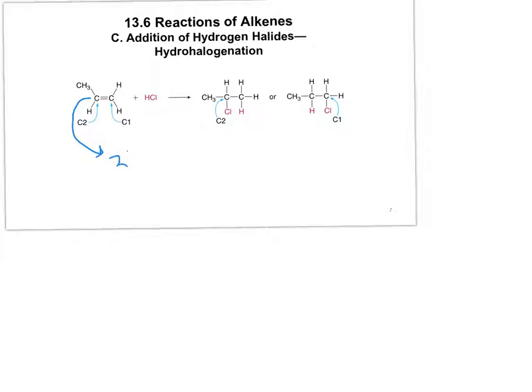It is a secondary carbon. This carbon is bonded to 1 other carbon, so primary carbon. Or will become a primary carbon or a secondary carbon after the reaction takes place.